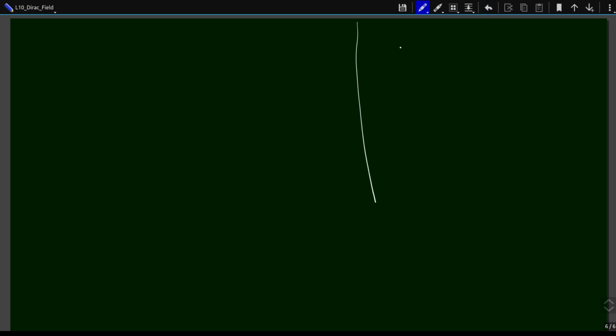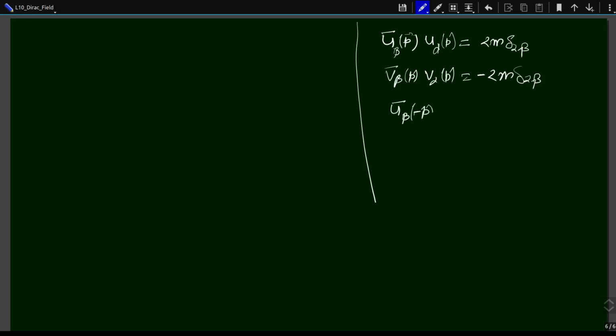The normalization conditions are going to be: u bar beta p u alpha p is equal to twice m delta alpha beta, and v bar beta p v alpha p is equal to minus 2m delta alpha beta, and the other two terms, u bar beta minus p v alpha p is equal to 0.